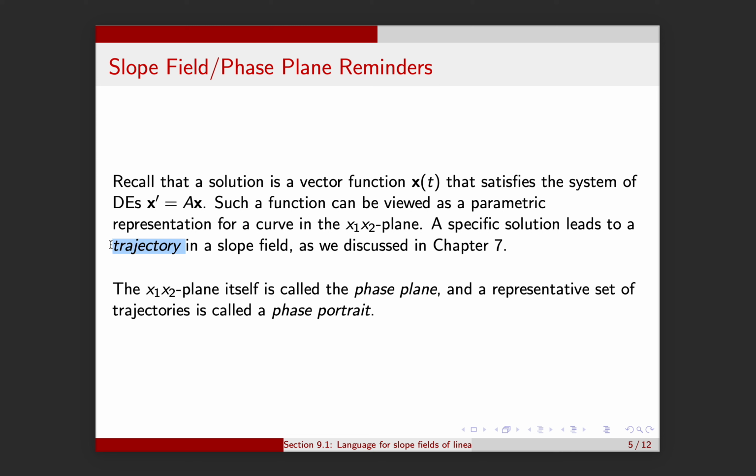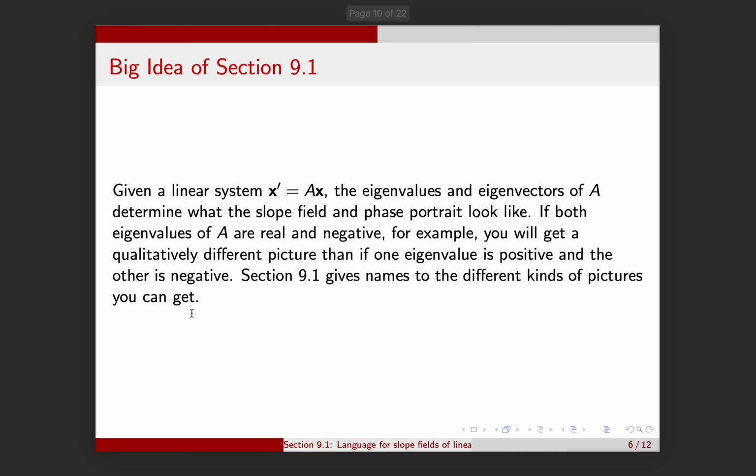So from a trajectory you can get x1 of t and x2 of t individually if you want to, and slopes will show you that in the bottom left corner. The x1, x2 plane itself is called a phase plane, and then if you plop your finger down enough and get a bunch of trajectories, the resulting picture is called a phase portrait. This is all reminders from chapter 7.